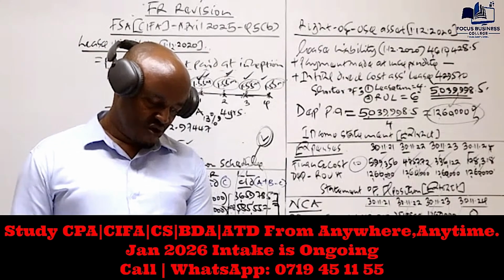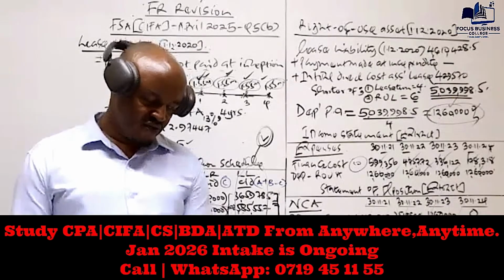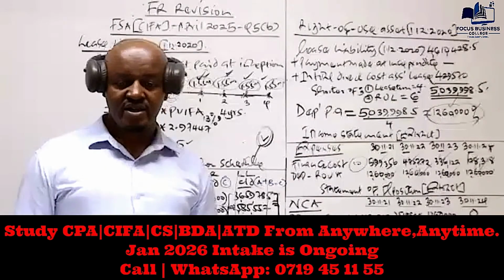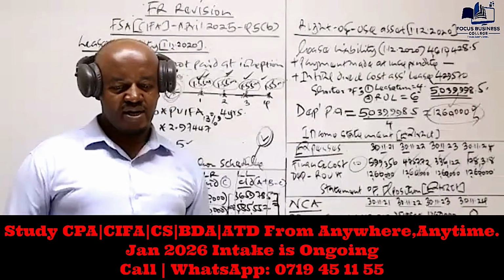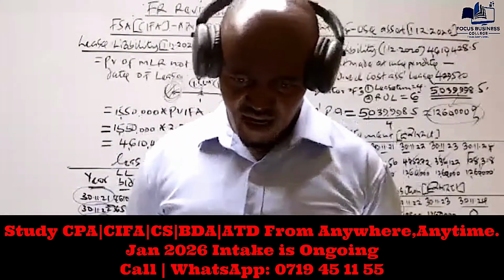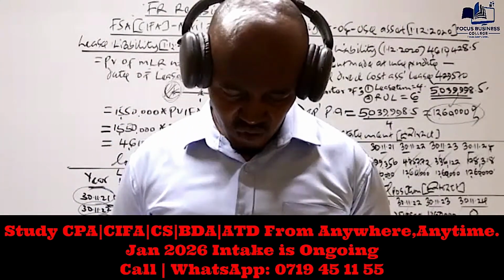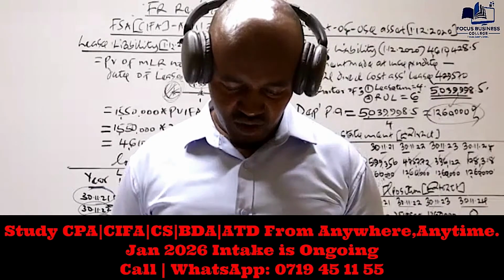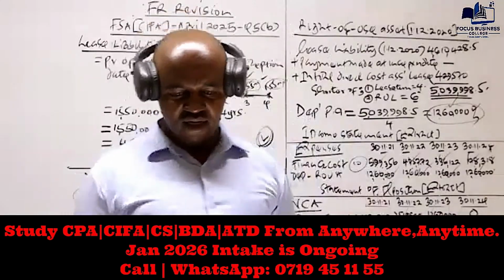Remember, I said that compound financial instruments are financial instruments issued by the company that contain both equity and liability components. Once the company has issued a compound financial instrument, as per the requirement of IAS 32, the company should split the liability component and the equity component.